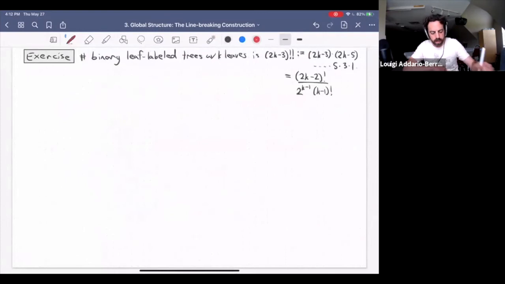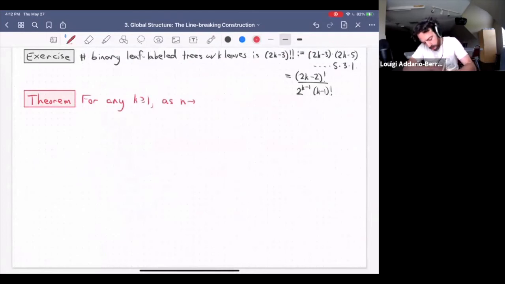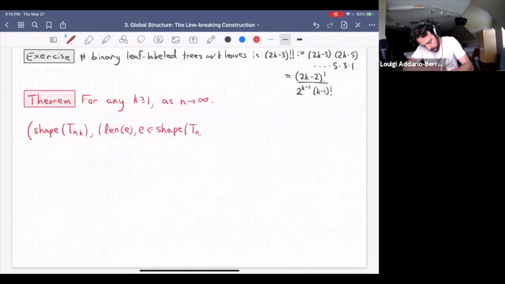So now the last theorem of the day. It says that for any k at least 1, as n tends to infinity, we have joint convergence in distribution for the shape of T and K and the set of edge lengths of that shape, to some random shape T along with a vector of random lengths.